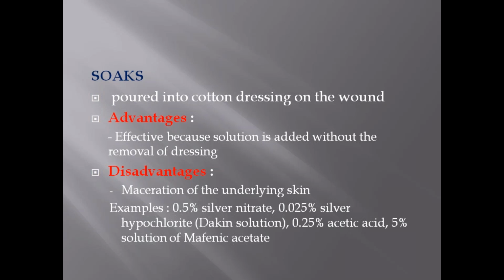Since we will not remove the dressings frequently, we don't know whether the underlying skin is normal or macerated. So this is the disadvantage in soaps. Examples of soaps are 0.5% silver nitrate, 0.025% sodium hypochlorite, that is Dakin's solution, 0.25% acetic acid, and 5% solution of mafenide acetate.